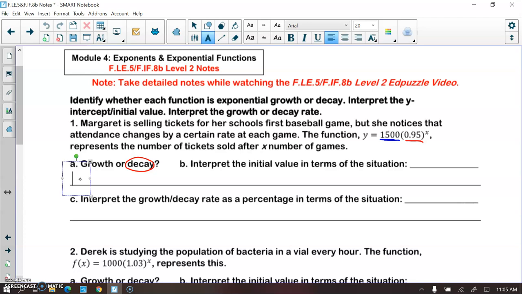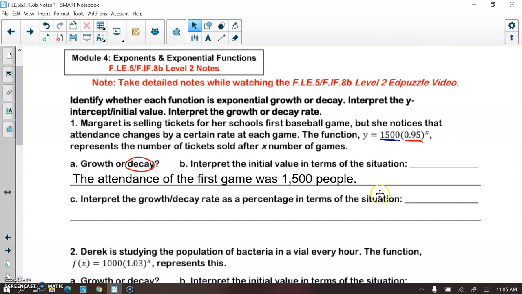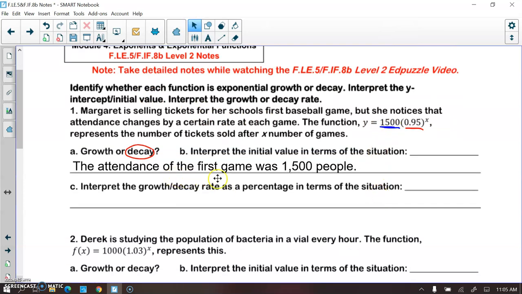Or you can say something like the attendance of the first game was 1,500 people, because the number of people that attended are the number of tickets that they sold. So you could say that the number of tickets at the first game was 1,500, or you can say that attendance at the first game was 1,500.